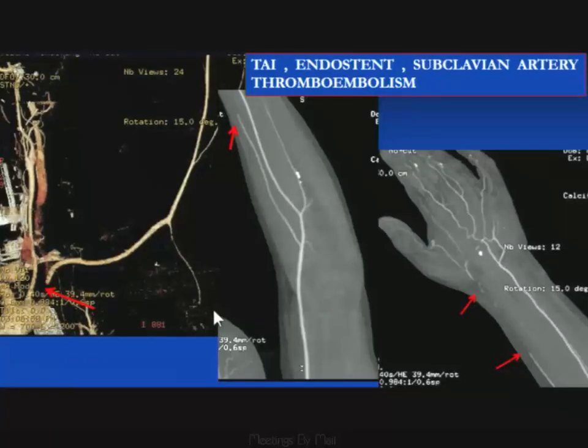Here's an example of a patient who's had an aortic endovascular stent for a traumatic aortic injury that was associated with some injury to the proximal subclavian artery. This then led to a thromboembolic event that involved the distal radial artery that's been well mapped out here. The ulnar artery is open.